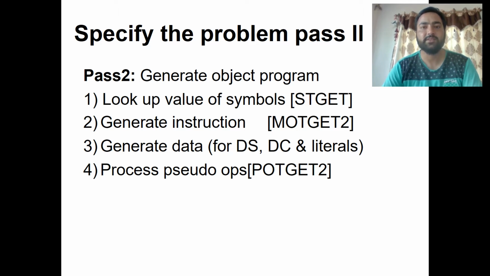MOT is the data structure, machine operation code table, and then we generate the data for various commands that we use, for example DS, DC, and literals. Then we process the pseudo operation codes that are defined in the program through the POT get function, the process pseudo opcode table get function.